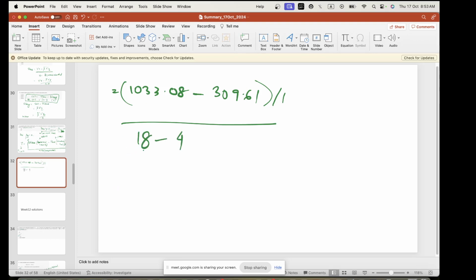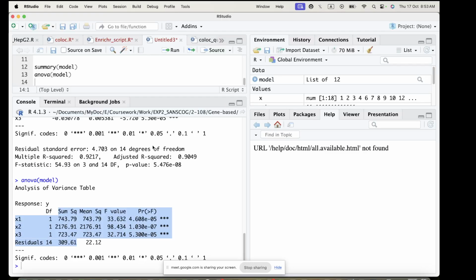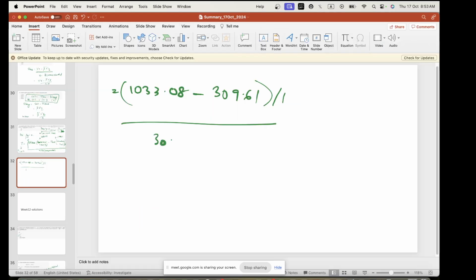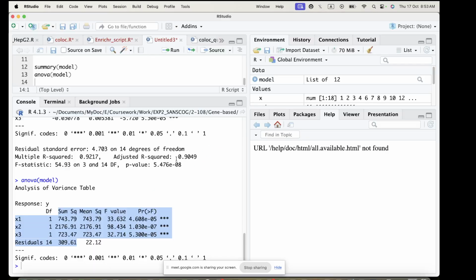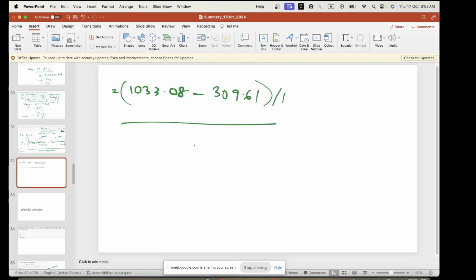So this is SS unrestricted, that is 309.61 divided by 14. So here we have the mean square formula as well. We can write it as 22.12.